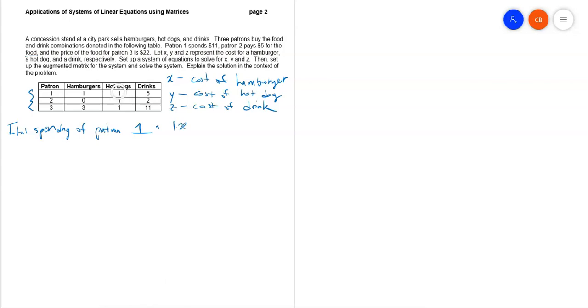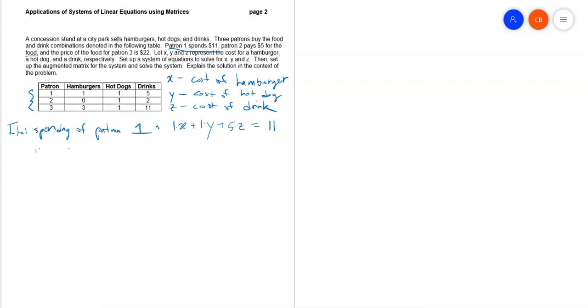And then he also bought 1 hot dog, and so plus 1 times y, he will spend this much on hot dogs. And then he bought 5 drinks, and so it will go plus 5 times z. That's how much he spent on drinks. And then we have in our little thing here that patron 1 spent a total of $11. So we would want to say here that the total amount that he spent was $11.